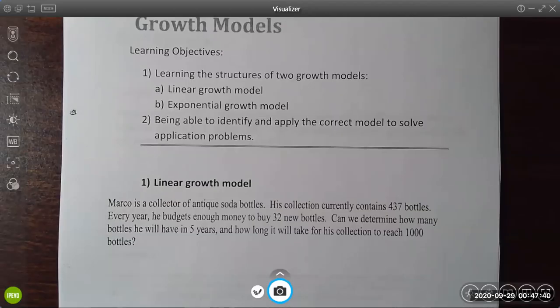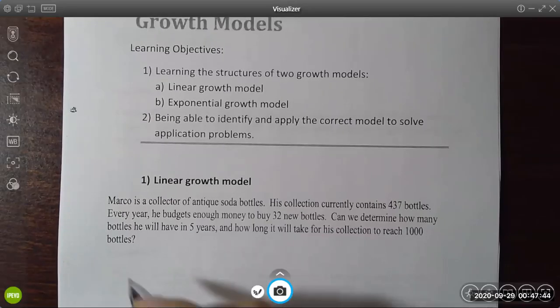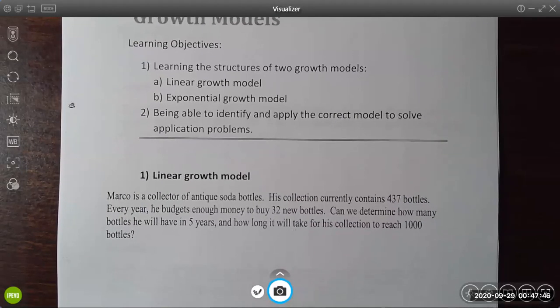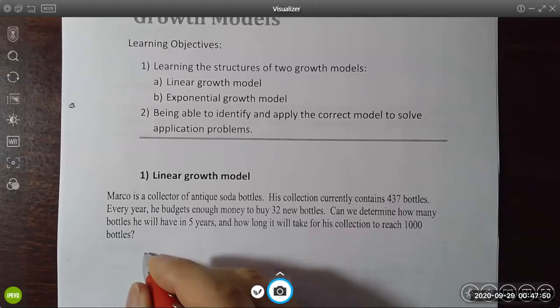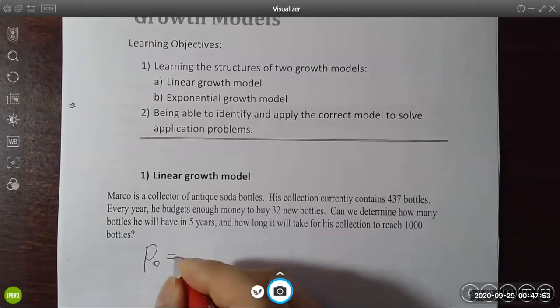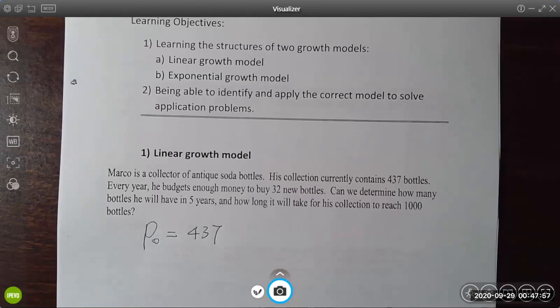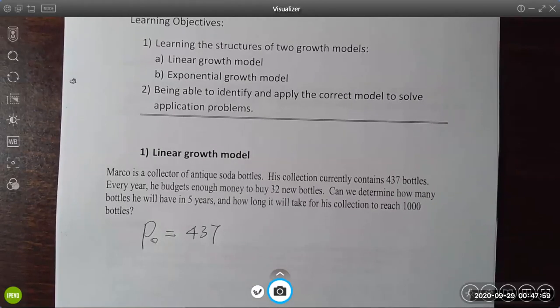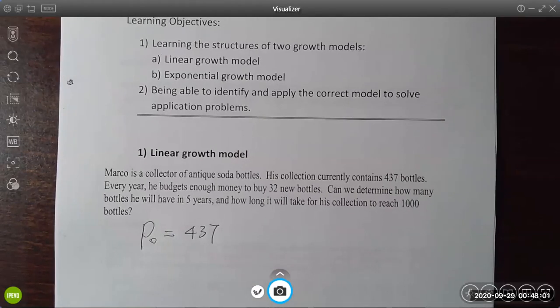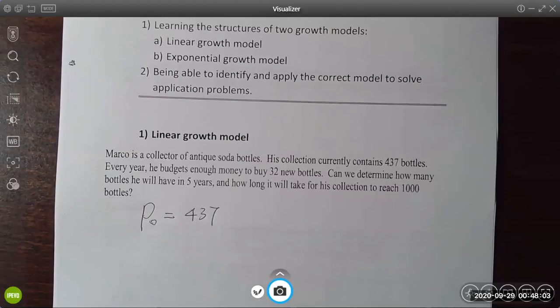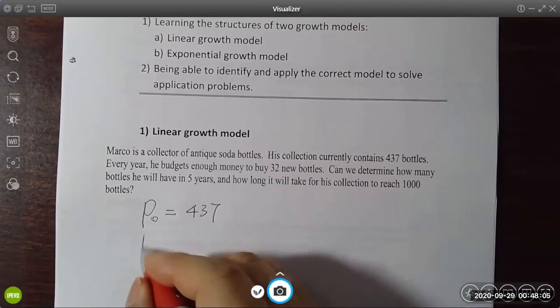We start with the initial value, 437 bottles. In modeling, we use P0 to represent the initial value. So we have P0 equals 437 bottles. Now let's look at the numbers for several years to see how we can develop the model. Year zero means the starting value.